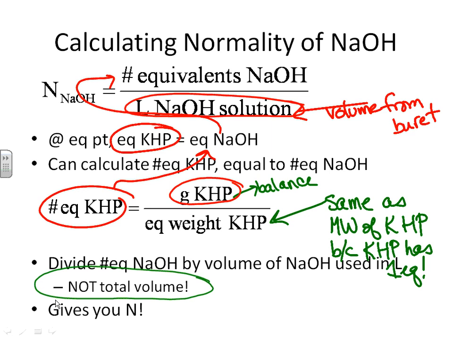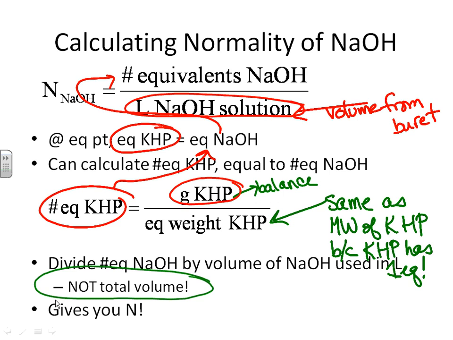As such, it doesn't matter how much water you use to dissolve the KHP in your flask, because I am not asking about the pH in the flask. I want to know what the normality of the sodium hydroxide solution is. You're only dividing by the volume of the sodium hydroxide, because that's what we're trying to find.